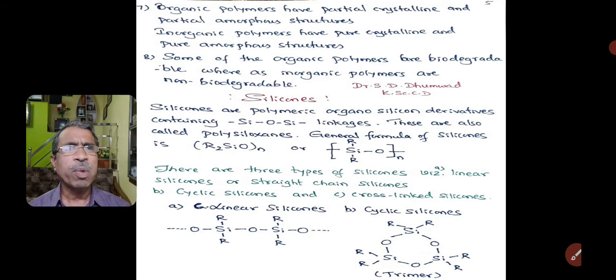Some of the organic polymers are biodegradable, whereas inorganic polymers are non-biodegradable. So this is about the difference between the organic and the inorganic polymers.